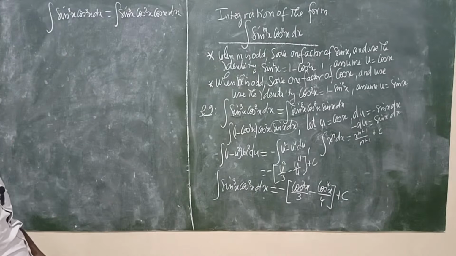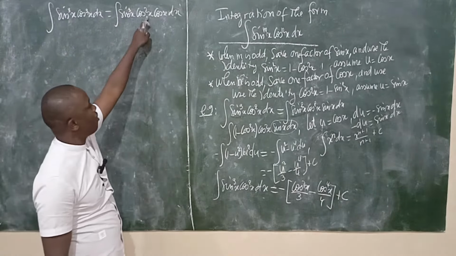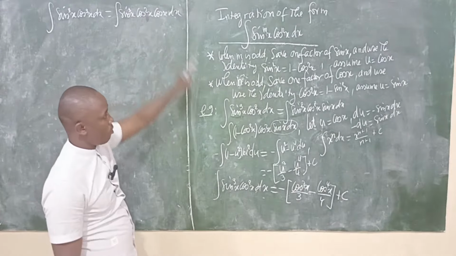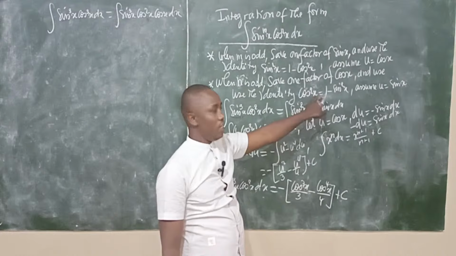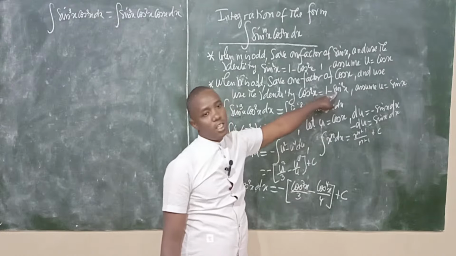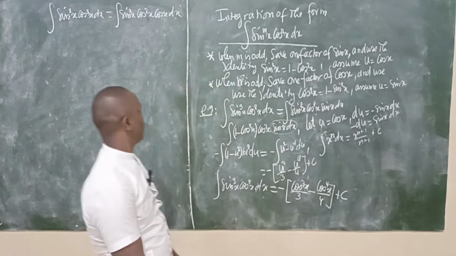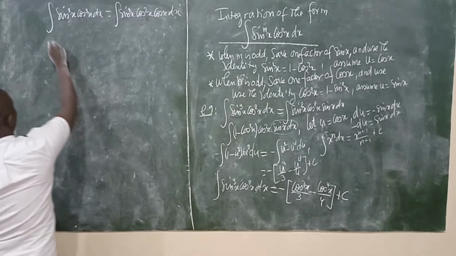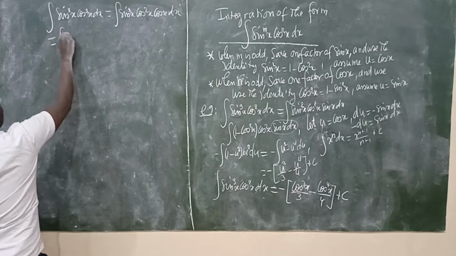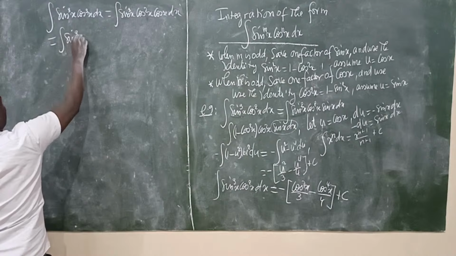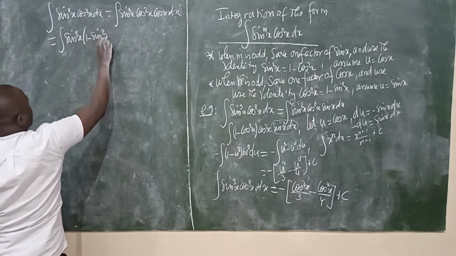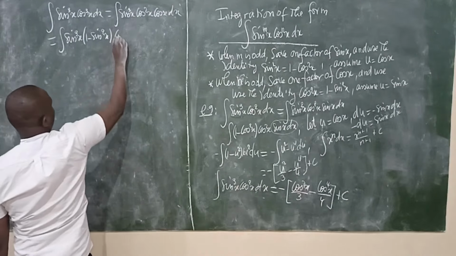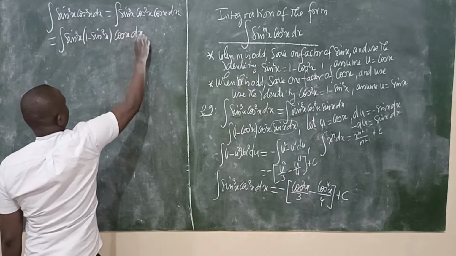Because here I have cosine power 2, I'm going to use this identity where cosine squared is equal to 1 minus the square of sine x. This will be sine^3 x into 1 minus sine squared x. We have saved a factor of cosine x dx.